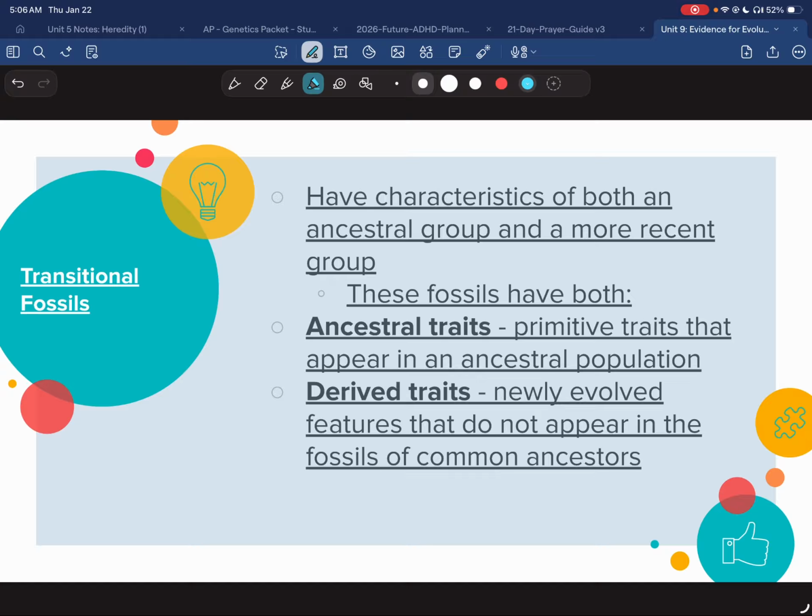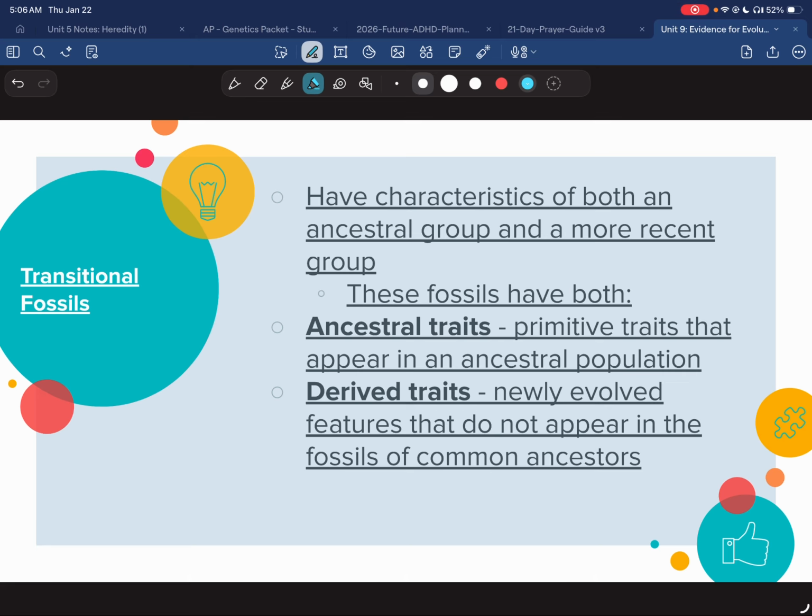So they have ancestral traits, traits of the older species, and then they have what are called derived traits. And these are new traits that were not seen in the timeline up until that point. So things that originated from a mutation that became an adaptation are called derived traits because they're new.